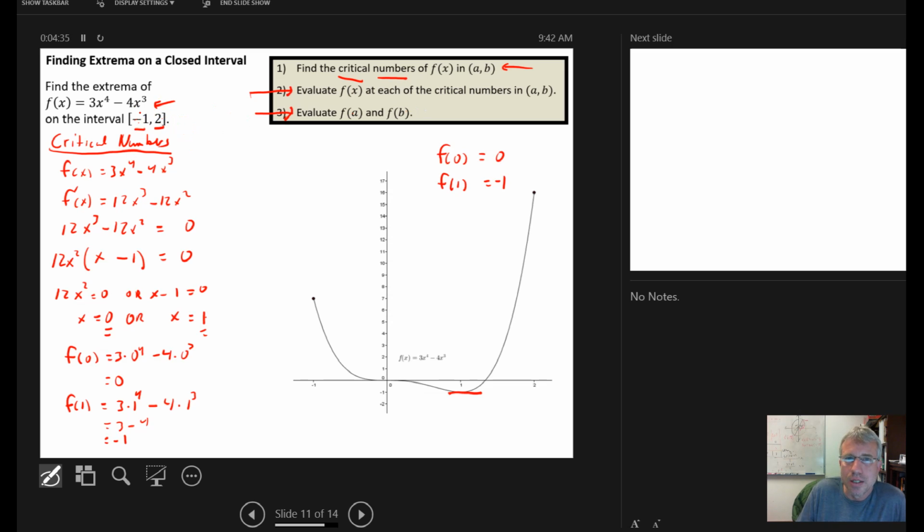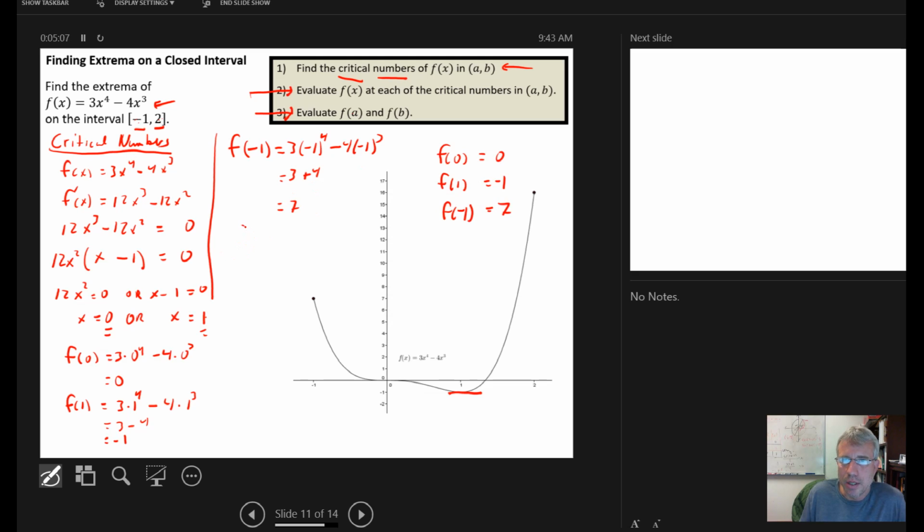In this case, neither -1 nor 2 was a critical number of the function, so in step 3 we need to evaluate the function at the endpoints. f of -1 is 3 times -1 to the fourth power minus 4 times -1 cubed, which is 3 plus 4, which is 7. So we are interested in input -1, output 7.